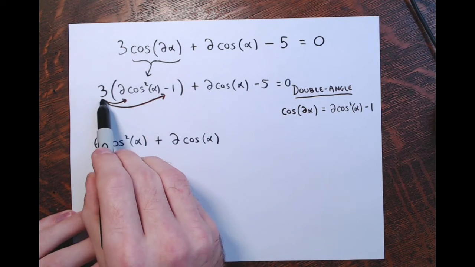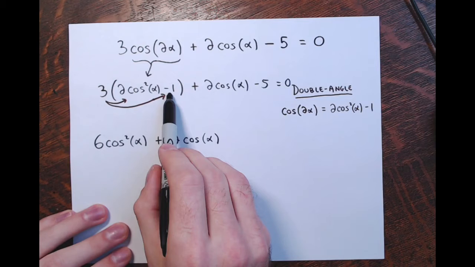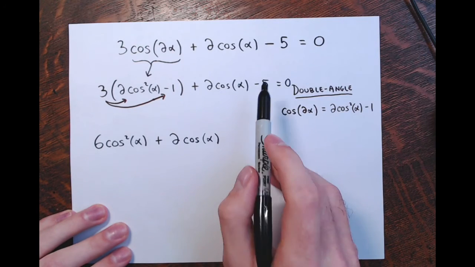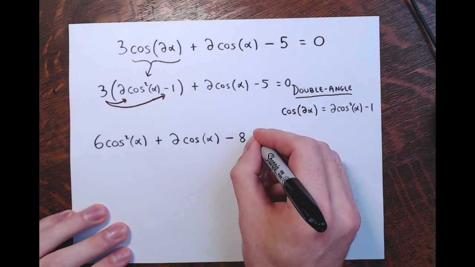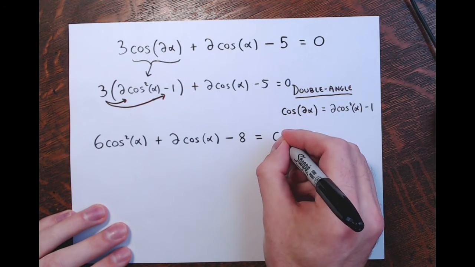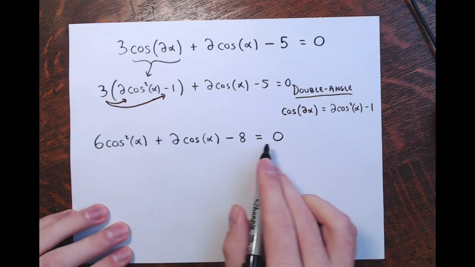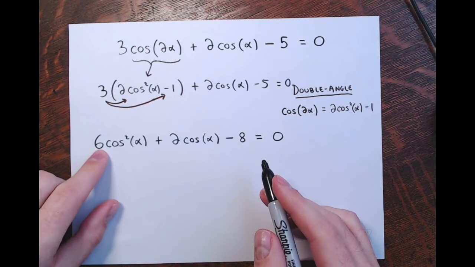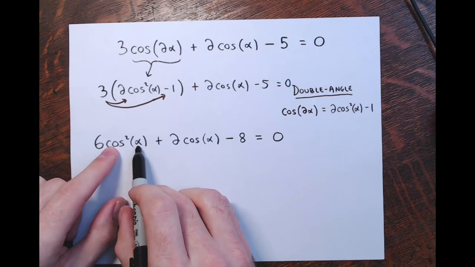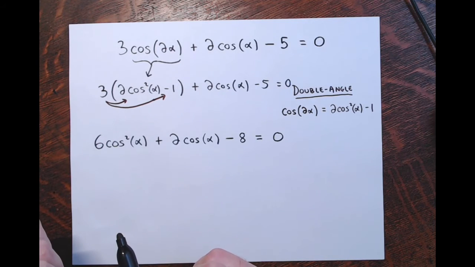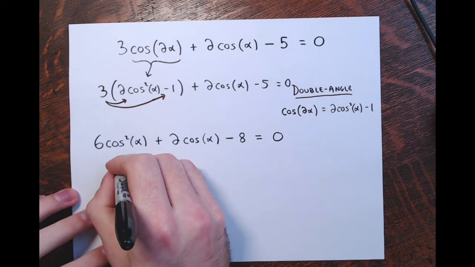And then 3 times negative 1 is negative 3. Then you have the minus 5, to be negative 8. And then you have equals 0. So you see how this is like a quadratic? You have cosine alpha here, but it's squared.